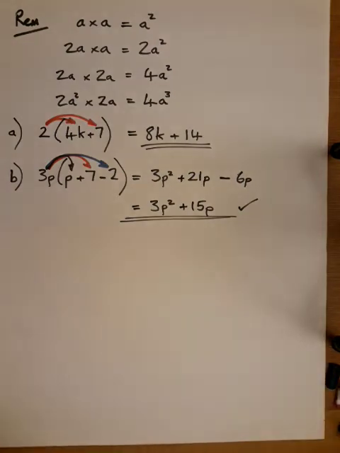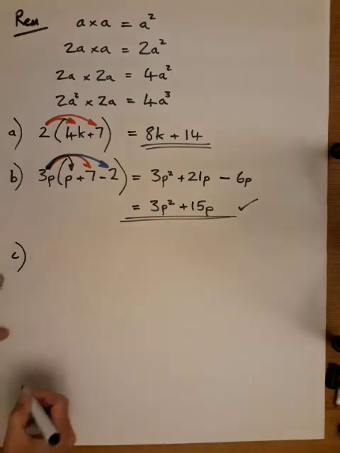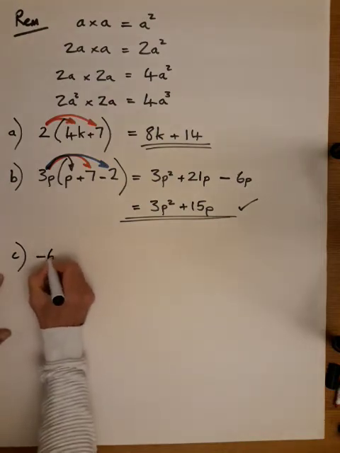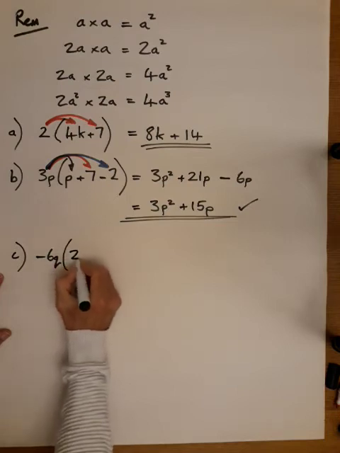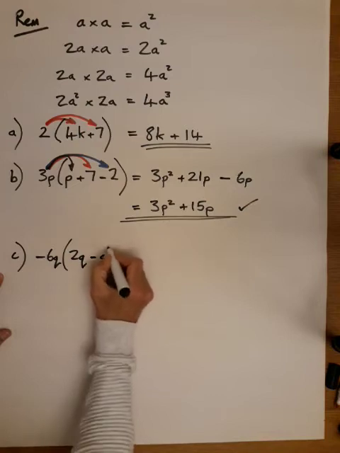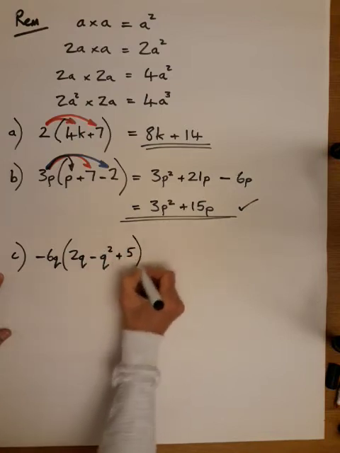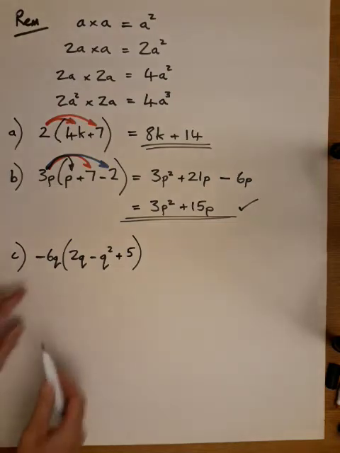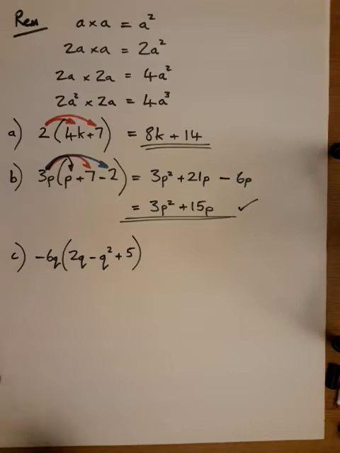Let's go to the next example. Begin with a minus. Minus 6q times 2q minus q squared plus 5. So we're going to expand this. Whatever is outside affects every single term inside.